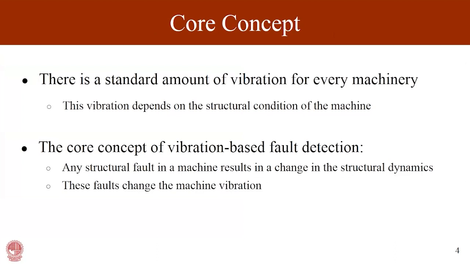And there is a standard amount of vibration for each machinery. This standard amount of vibration depends on the structural condition of the machine. So when there is a fault and there is a change in the structural dynamics, the vibration of the machine should also change due to that. This is the concept that we try to apply in our research.